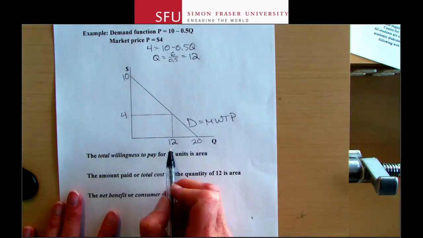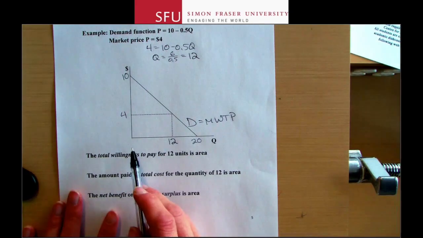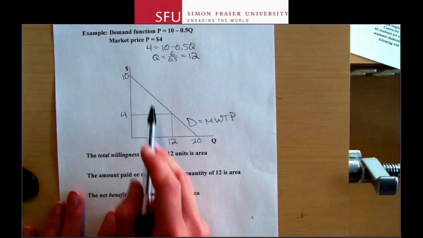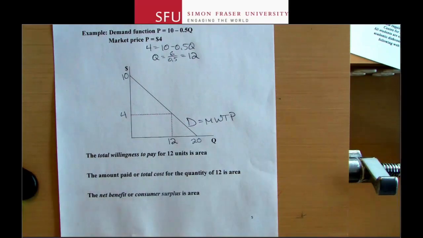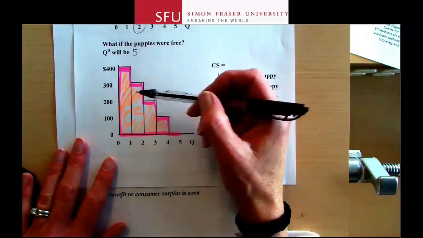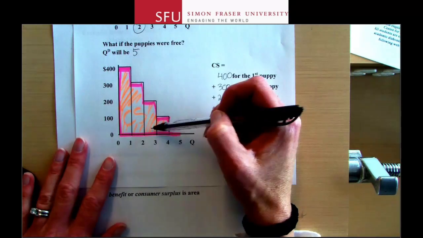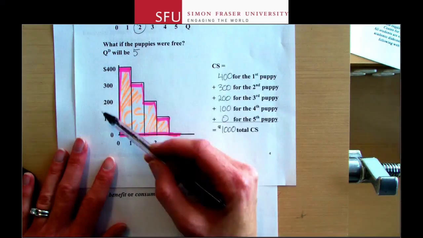So for the 12th unit, the person is willing to pay $4. But the total willingness to pay for all 12 units would be the area under the curve. Just like when we had the puppy example, we would calculate the total willingness to pay as this area plus this area plus this area plus this area. So in other words, the area under the curve.